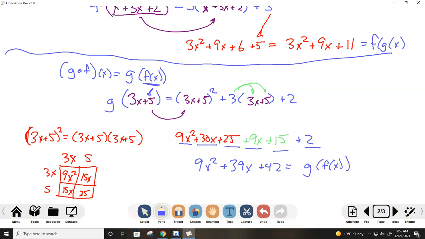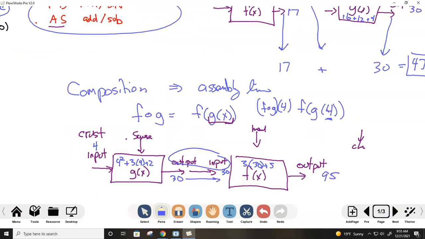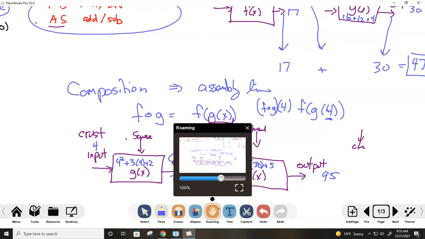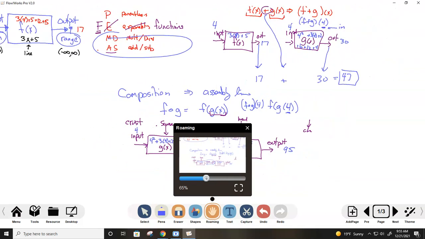So that's that idea of composition and kind of how it's different from doing the operations: adding, subtracting, multiplying, and dividing. Because again, coming back to here, let's make this a little smaller so we can get it all in one.